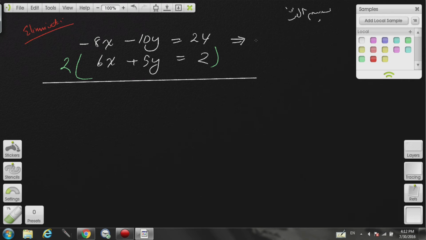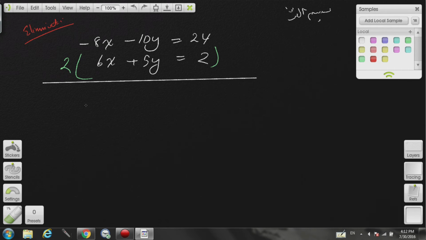If I did that, I would get negative 4x minus 5y equals 12, right? Just like I can multiply the whole equation by 2, I can also divide the whole equation by 2. Not to say you could not have eliminated it that way, but that's okay. We'll do it the way Mohsin chose to do so.